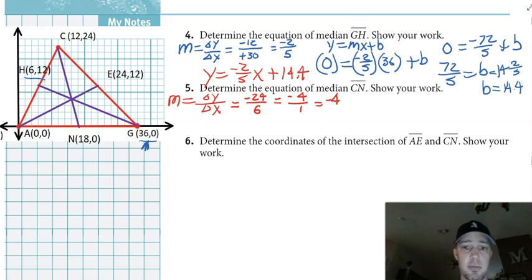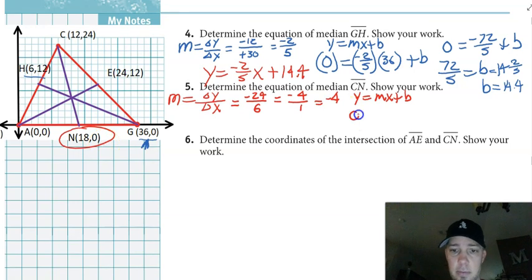So I know the slope now. So if I started to plug into my equation, y equals mx plus b. Same thing, I'll plug in a point for the y and the x coordinate, and I'll plug in the slope. So the y value I can plug in here is 0. The slope is negative 4. The x value is 18. All right.